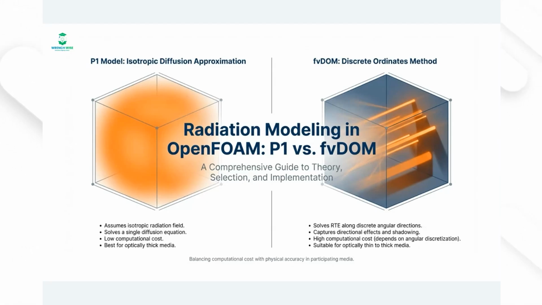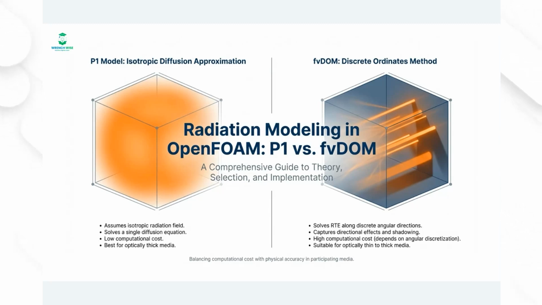It can model shadowing, collimated beams, and directional heat flux as well. It works for both clear air, which is optically thin, and dense smoke, optically thick. The biggest letdown here is that it costs a lot. Computational cost is very high because the solver has to calculate a transport equation for every single angle that you define.